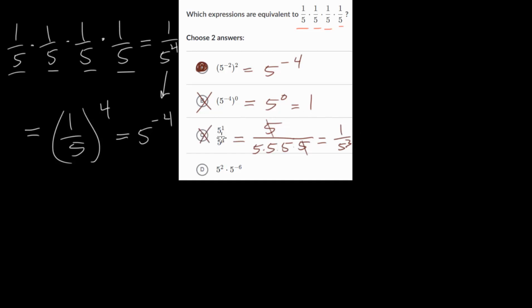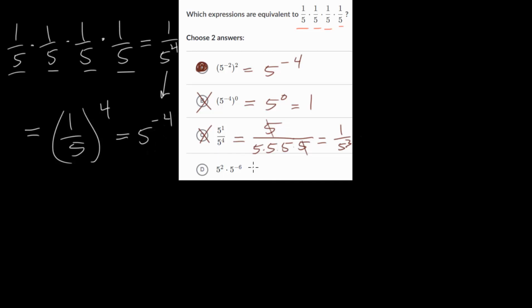So that's not what we have. You can also use exponent properties since you have the same base and different exponents, and you're dealing with division here, you can subtract the exponents. So 1 minus 4 would be negative 3. And again, that's not what we have.